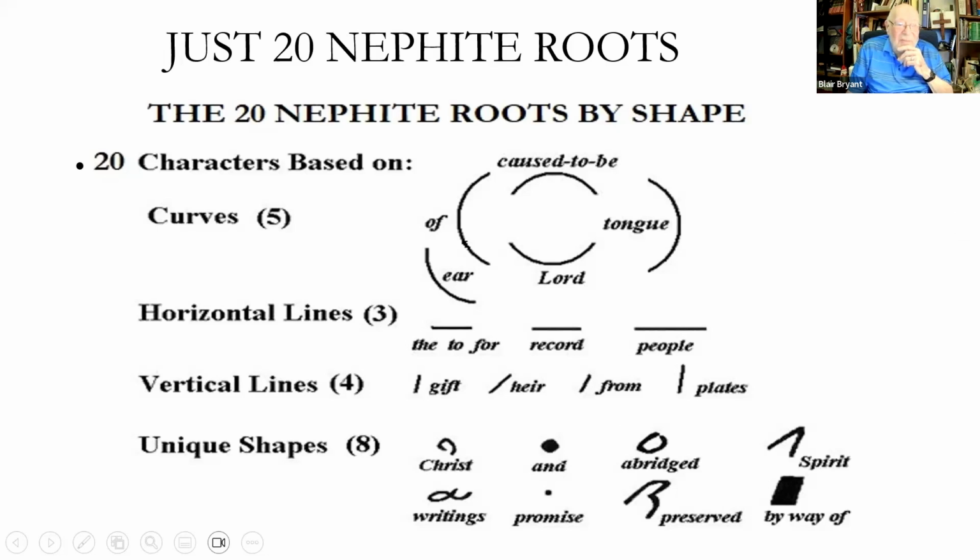There are 3 of them. The little short one means the, to, for, sometimes this, the, to, the or this, or to or for.